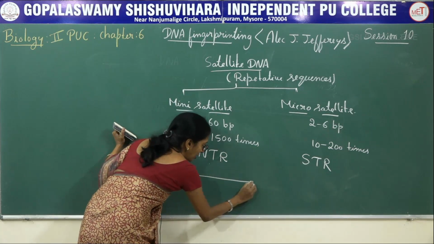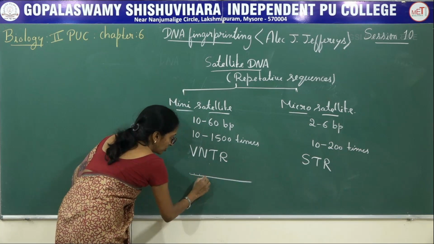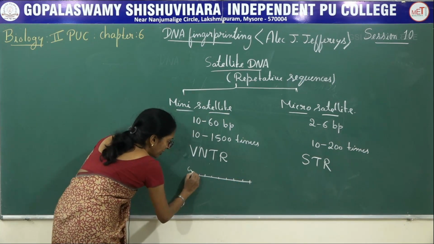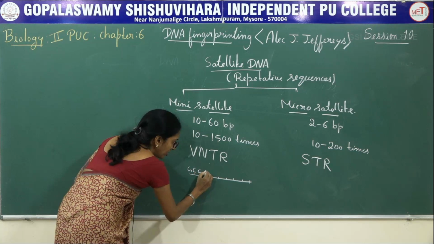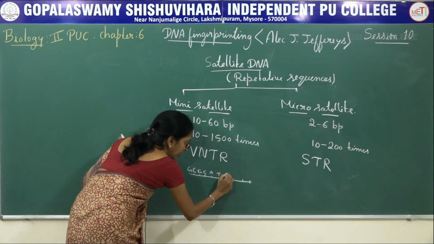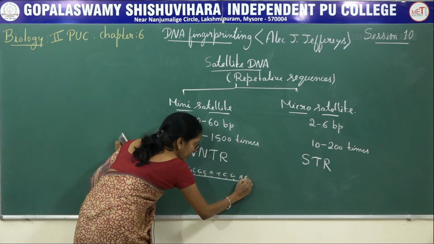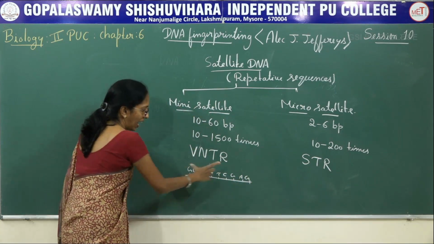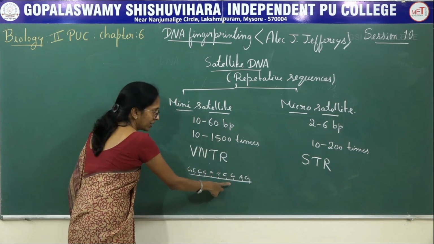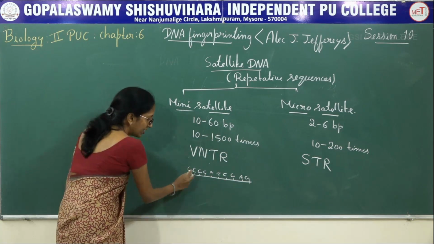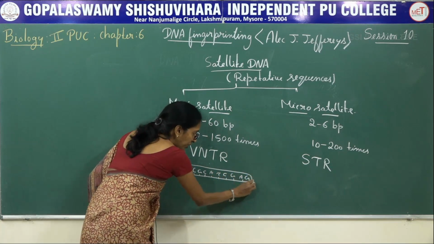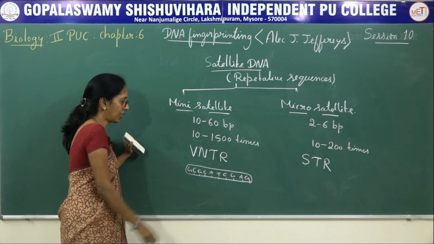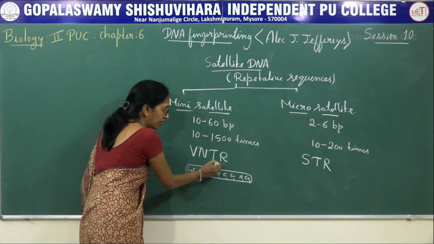For example, 1, 2, 3, 4, 5, 6, 7, 8, 9, 10: G, C, G, C, A, T, C, G, A, G. This is a particular minisatellite, and it contains only 10 nitrogen bases, and this unit is repeated a number of times. That is said to be a minisatellite, also known as variable number tandem repeats.